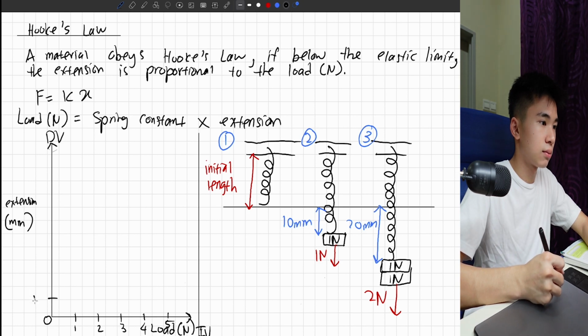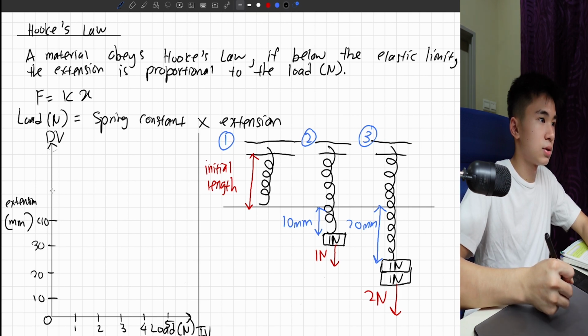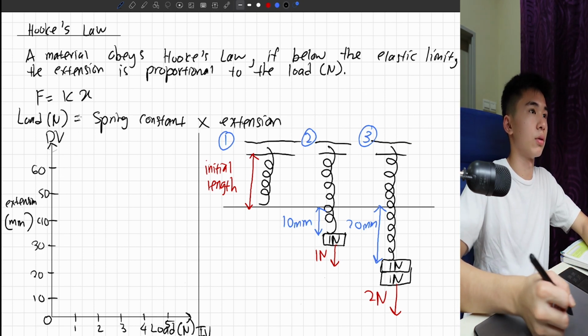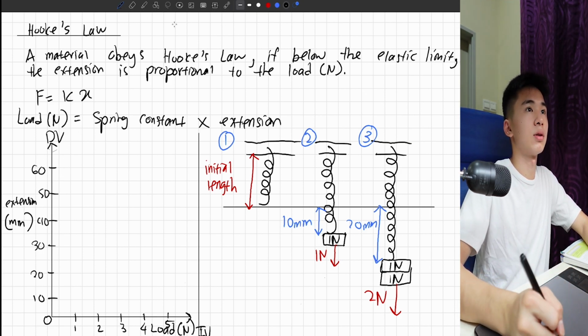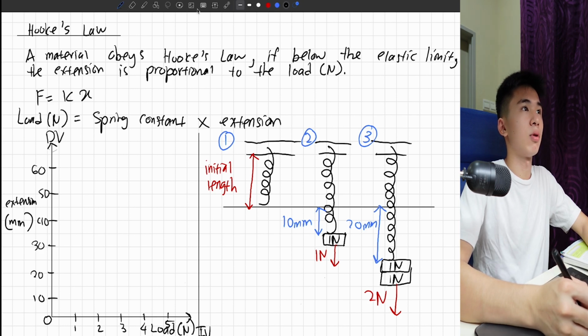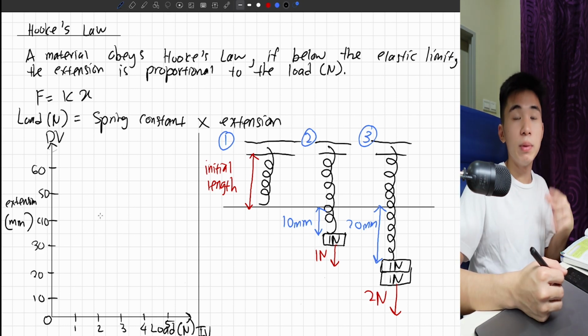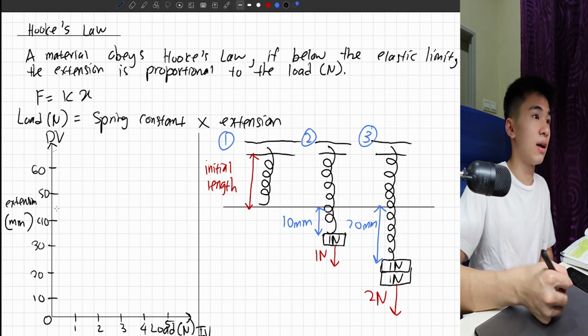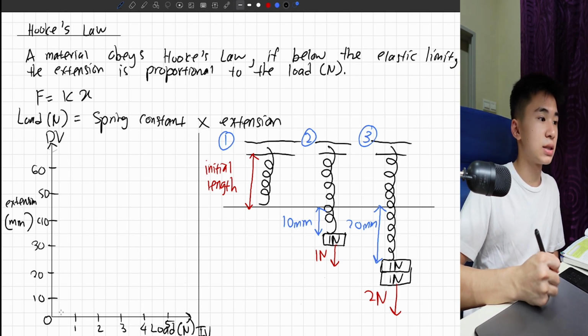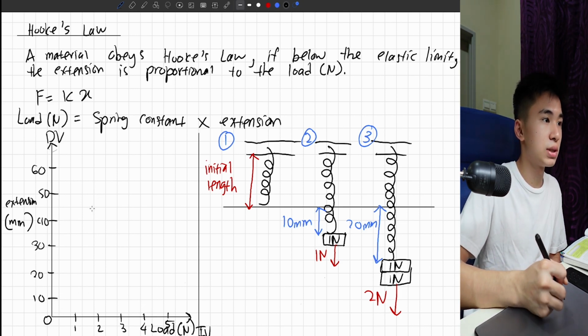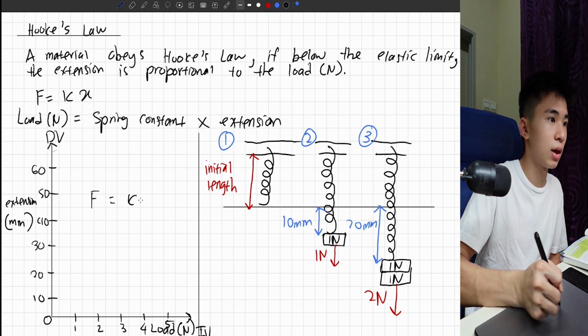So 10, 20, 30, 40, 50, and 60. Okay, and so on. So let us just plot the graph right now. Before we plot this graph, I just want to say that in this Hooke's law graph, it always starts from 0, because F equals kx.